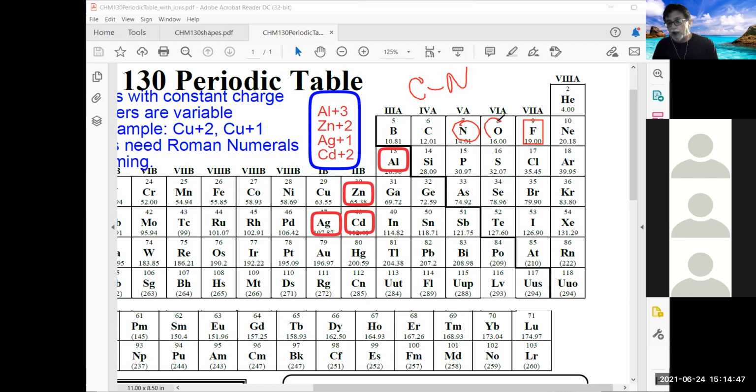By the same token, oxygen is more electronegative than nitrogen. The fact that nitrogen is more electronegative than carbon, if they were bonded together, guess what? I would have a partial negative on nitrogen and a partial positive on carbon because nitrogen is pulling the electrons onto itself much more than carbon. Okay. Let me clear this and go back.